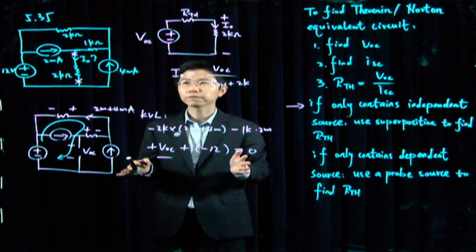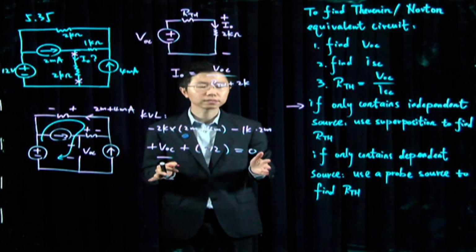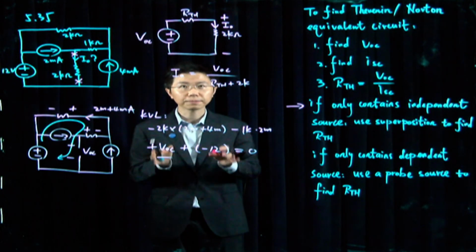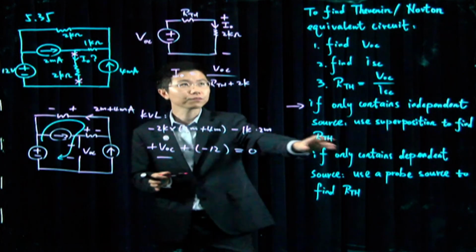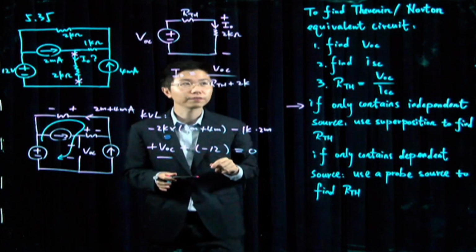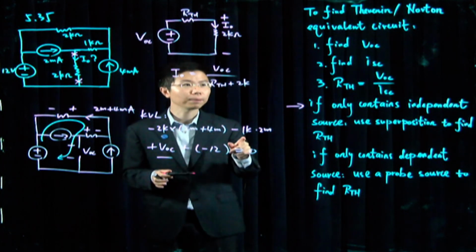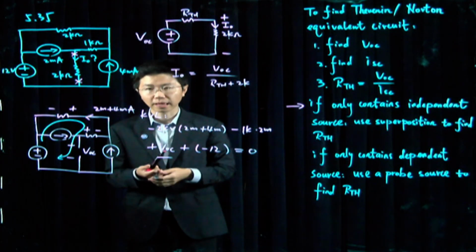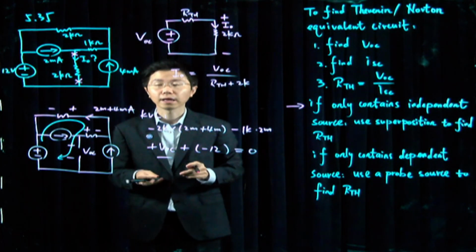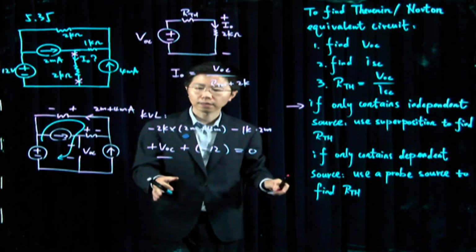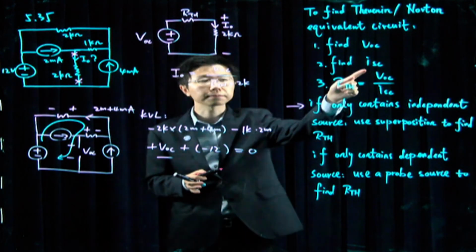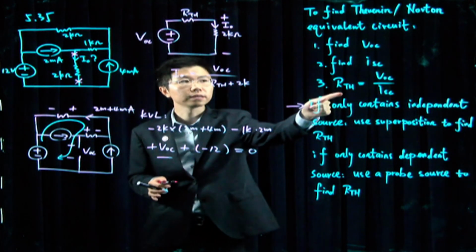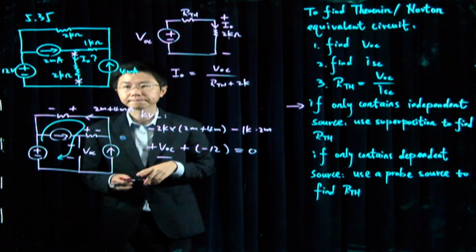For finding the Thevenin equivalent circuit for a circuit that only contains independent sources, after step 1, finding the VOC, we can directly apply source superposition to find the Thevenin equivalent resistance. And this goes like this. So I just erased the part where we're computing ISC. We're not going to do this, but directly jump into how we can find RTH from the third step.